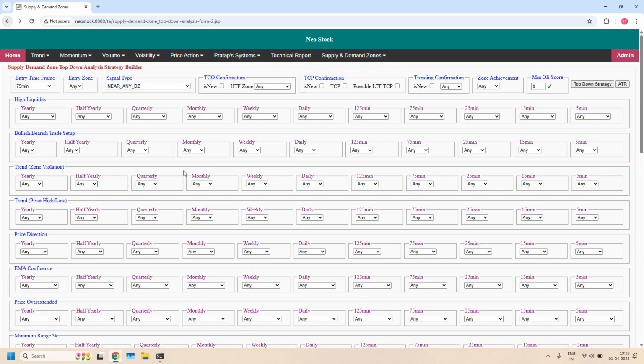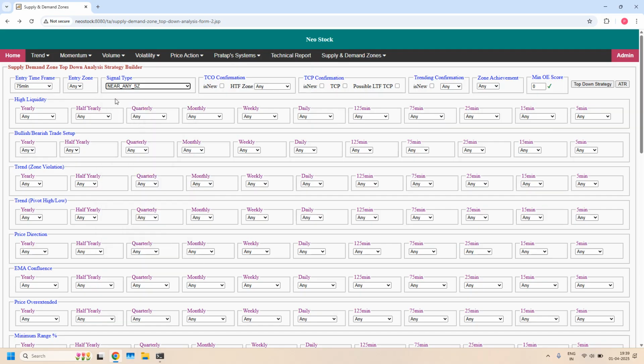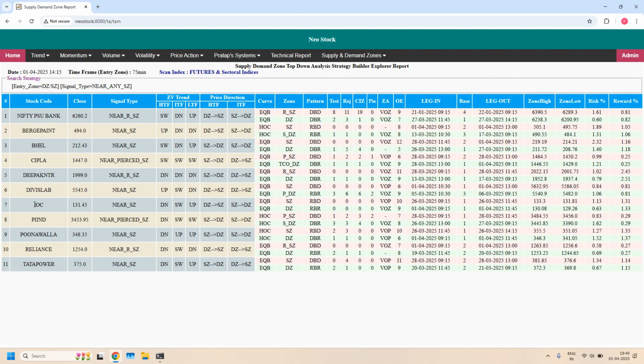Okay, next, 75 minutes time frame. Let us find the stocks near to the 75 minute supply zone. We got 11 stocks. Let us identify high liquidity supply zones from this list. First one is not listed in F&O.